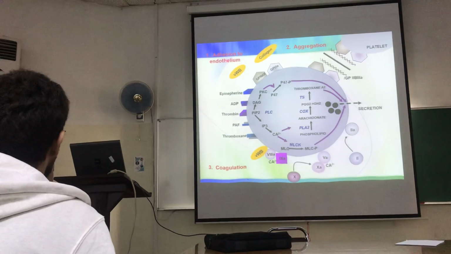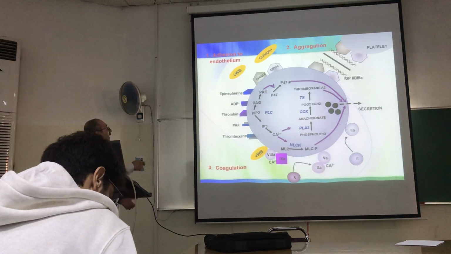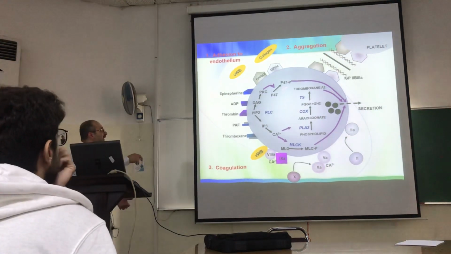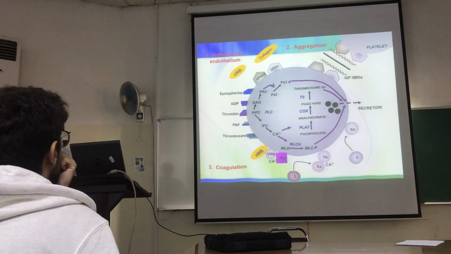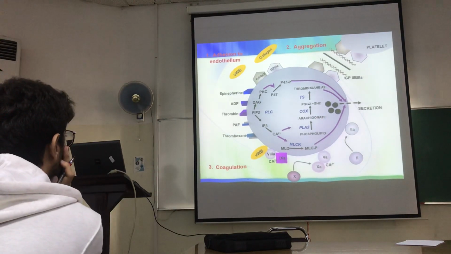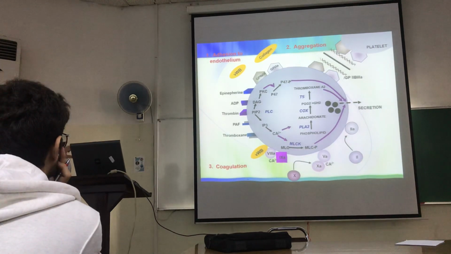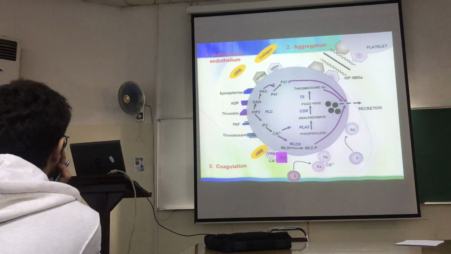We have adhesion to endothelial cells and adhesion to matrix proteins as well. Followed by aggregation of platelets, so you have platelet-platelet interaction and clustering, and then we have coagulation, the enzymatic process that takes place on the surface of platelets.